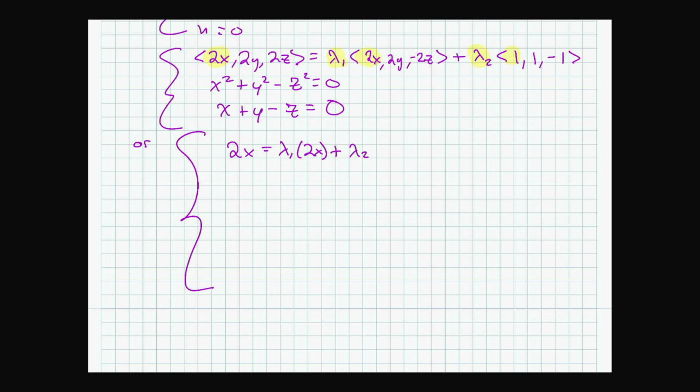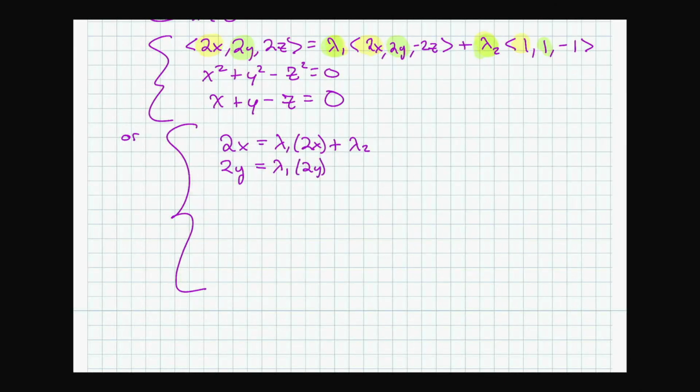The second equation is the y's: 2y equals lambda 1 times 2y, plus lambda 2.